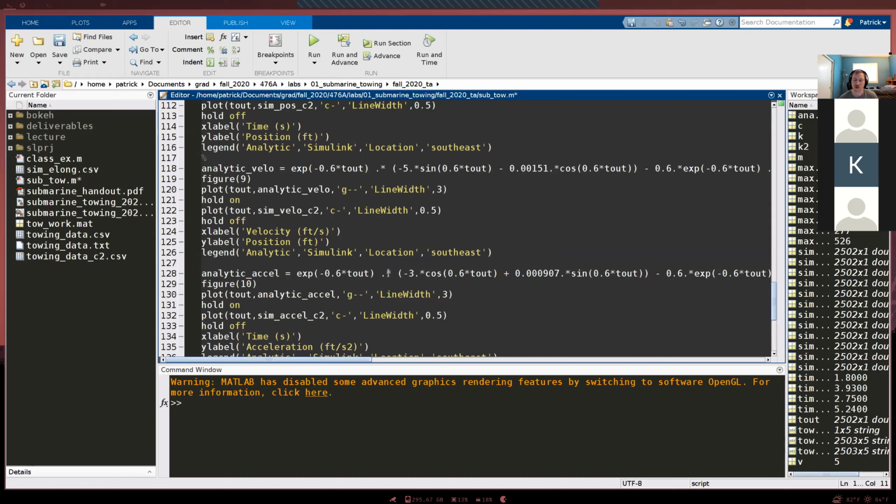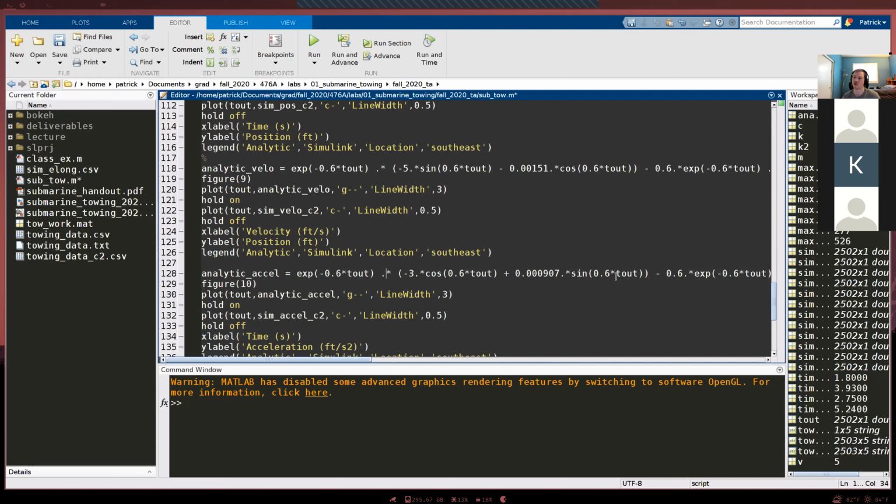You also need to make sure that you do array multiplication. That's when we have this dot right here, a dot and then a star. You need to be sure you do that because we have what are called vectorized functions, when we have exponentials and cosines and sines for some array, like t out.